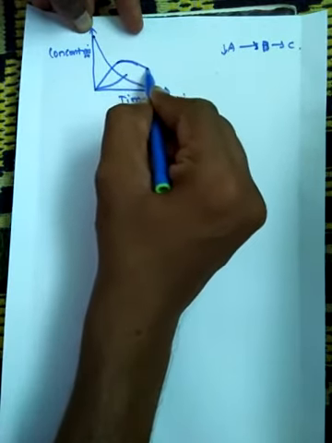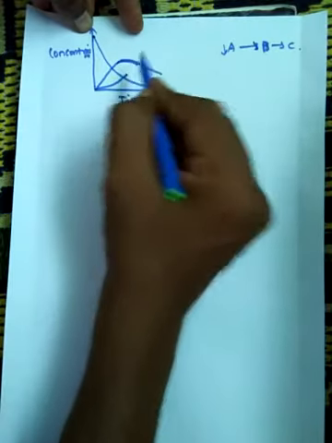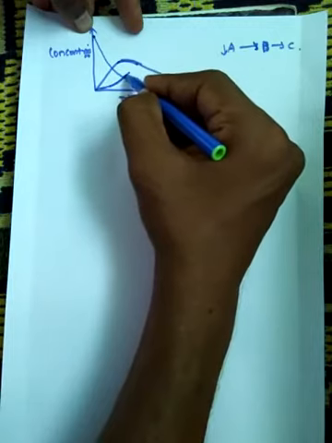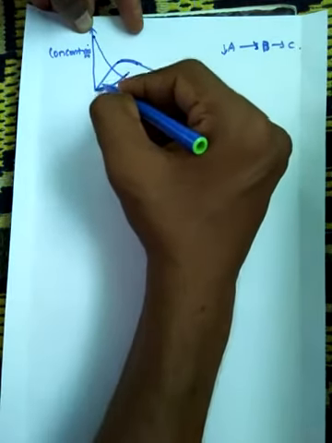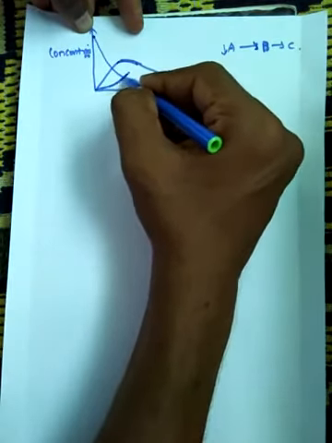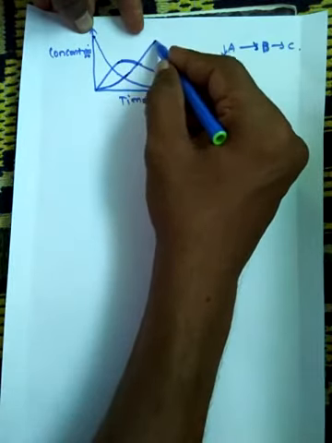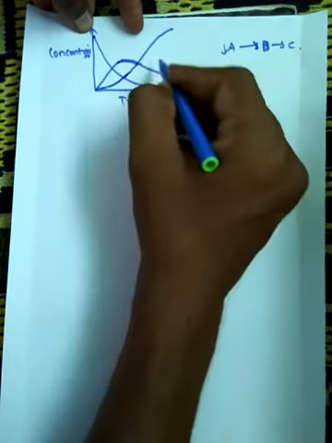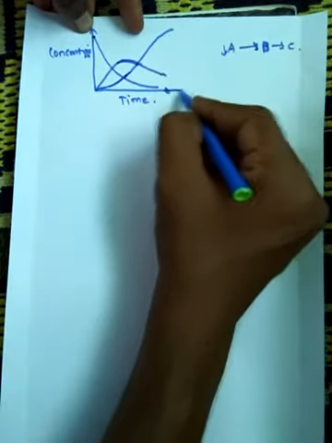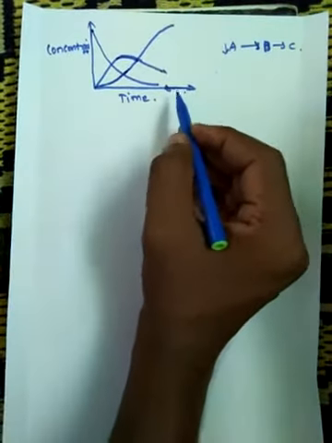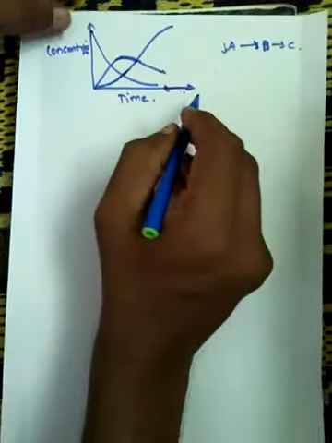At the beginning, the concentration of C formed will be small, and then after some time the concentration of C will go up. So this is the plot of concentration versus time for a consecutive reaction.